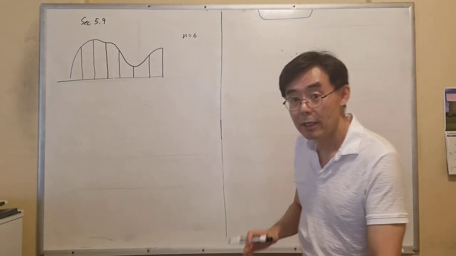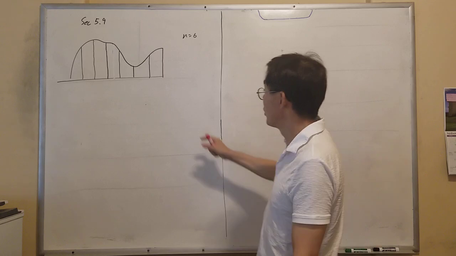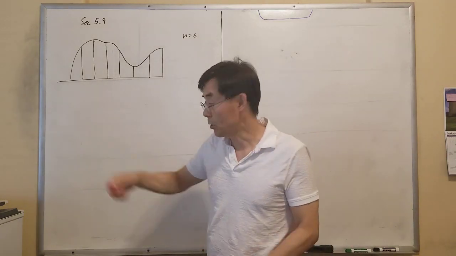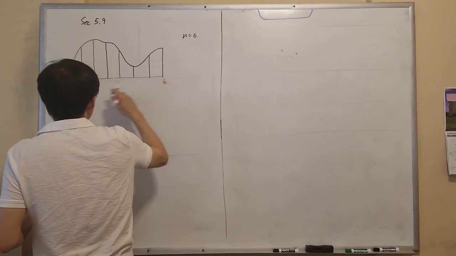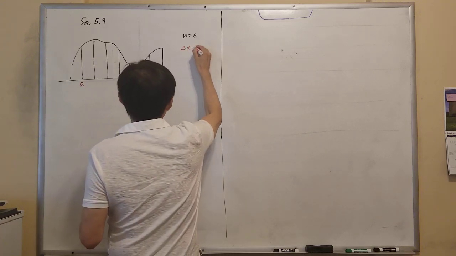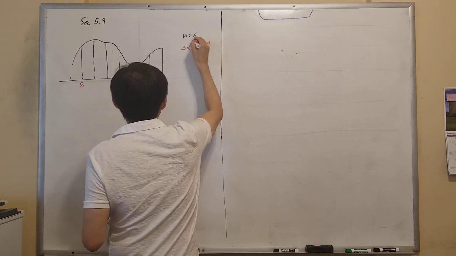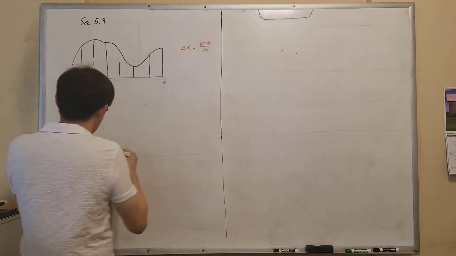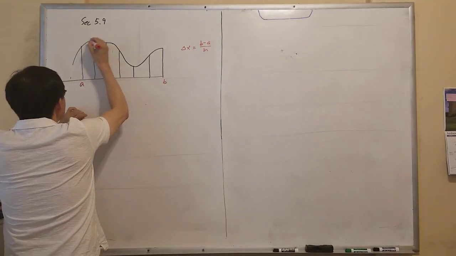Then the idea of Simpson's rule is this. We're also using a uniform partition, which means from a to b, delta x is equal to (b minus a) over n. n equals 6 in this case.